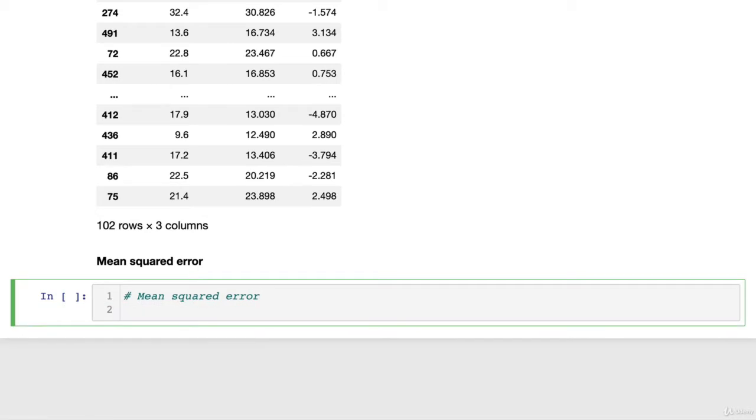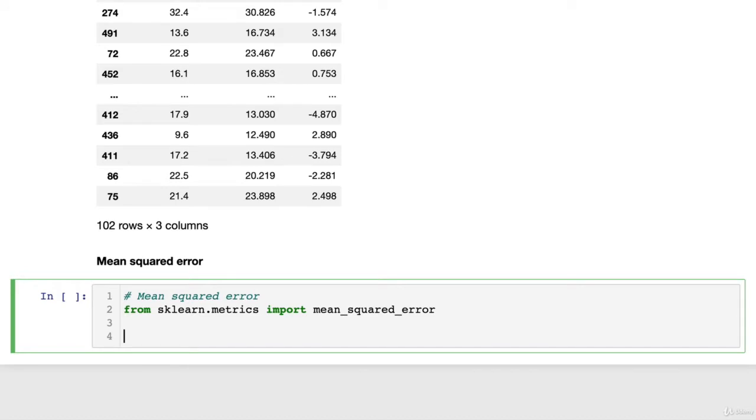If not, again, perfectly fine. So if we come down here, from sklearn.metrics, import mean squared error. Wonderful. And so we're going to do it basically in the exact same way. So MSE equals mean squared error, except this time instead of using absolute, we're going to be using squared.